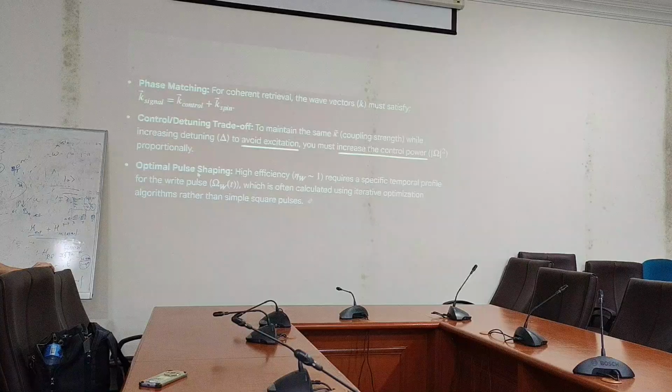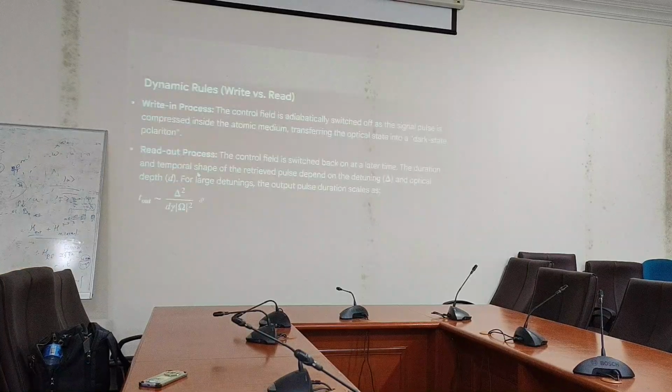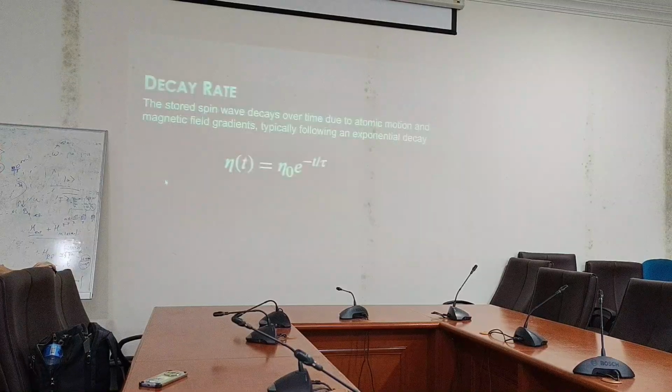And then this optical pulse schedule, the dynamic rules for the write process and read out process, is given by this formula. And also the decay of the rubidium, which will cause it to become incoherent faster or not.